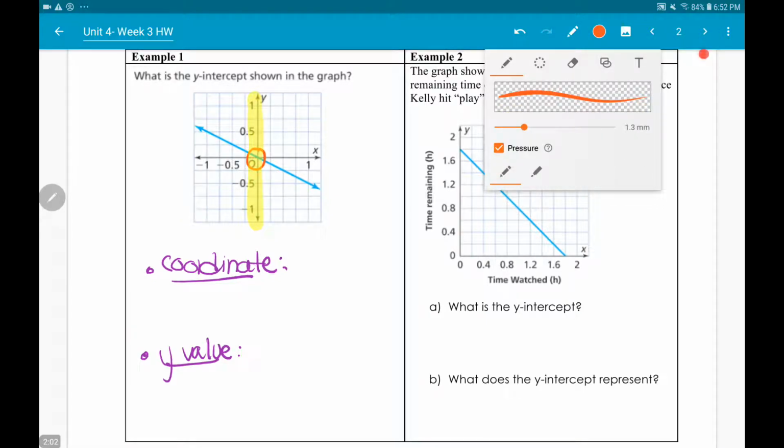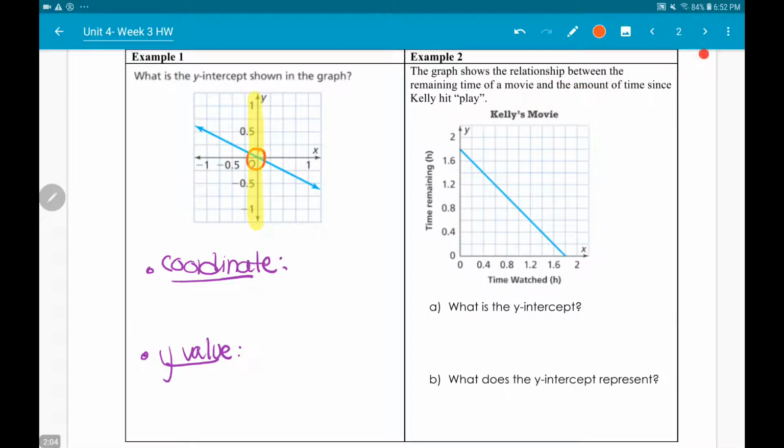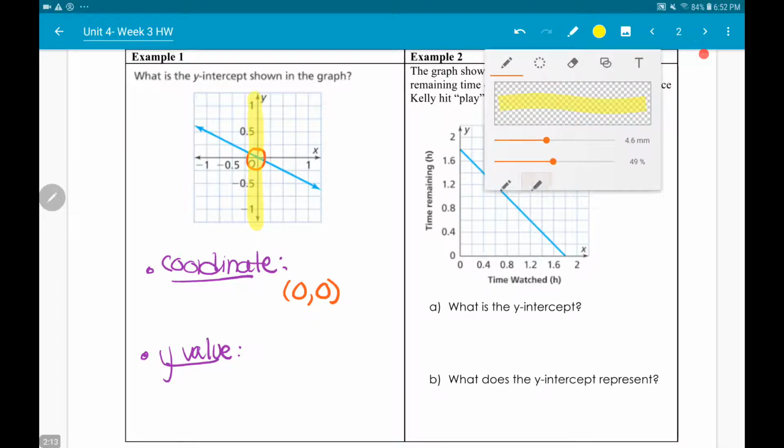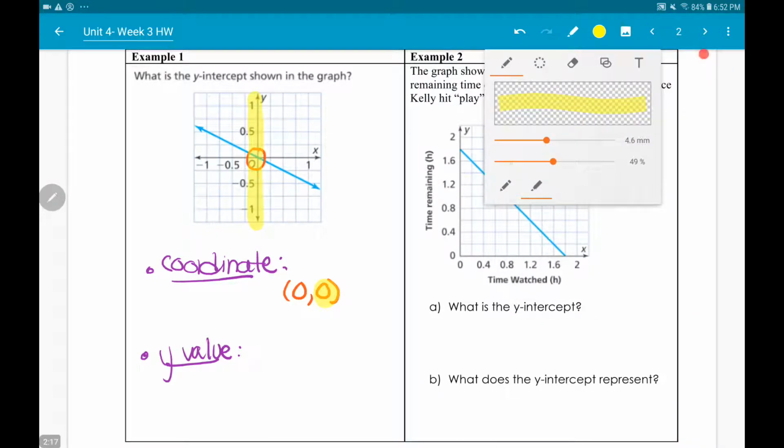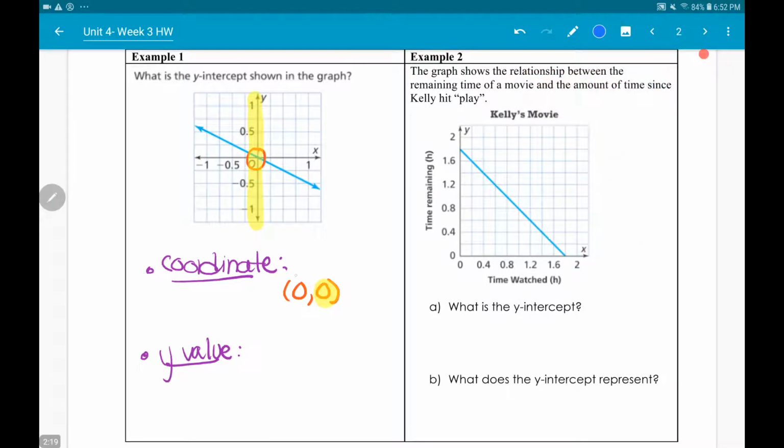I'm looking where the line intersects with that highlighted space, that y-axis. And that is the coordinate 0, 0. So that means the y-intercept is just the y value, and remember our coordinates go x, y. So that means the y-intercept is 0. And remember, when it crosses the origin, this is proportional.